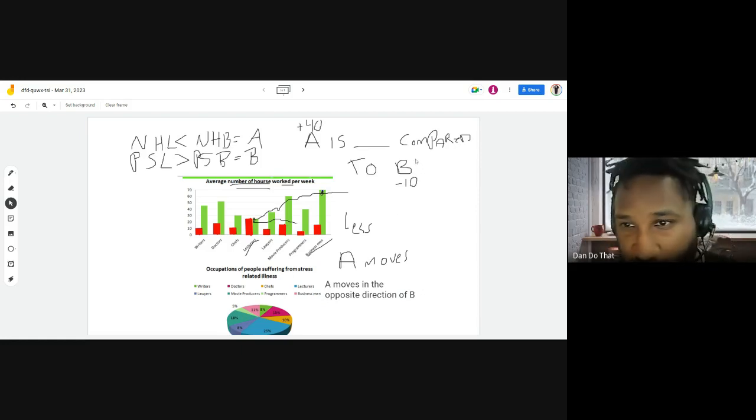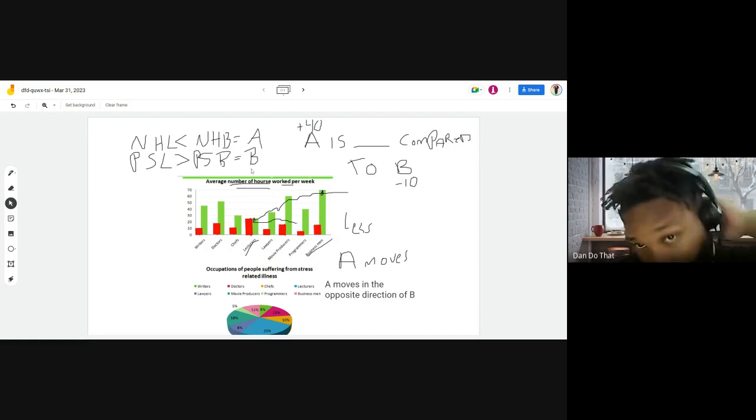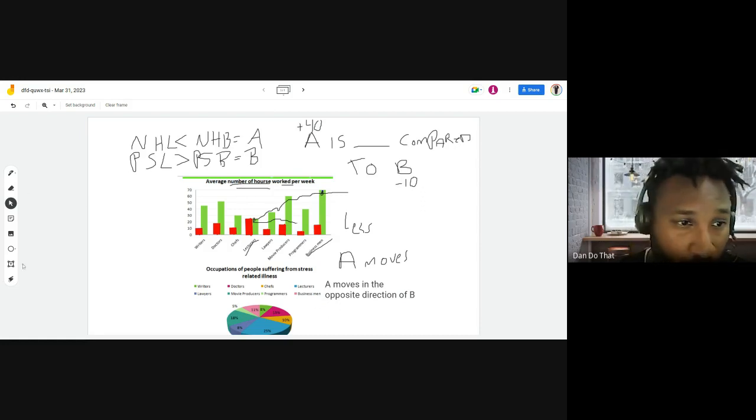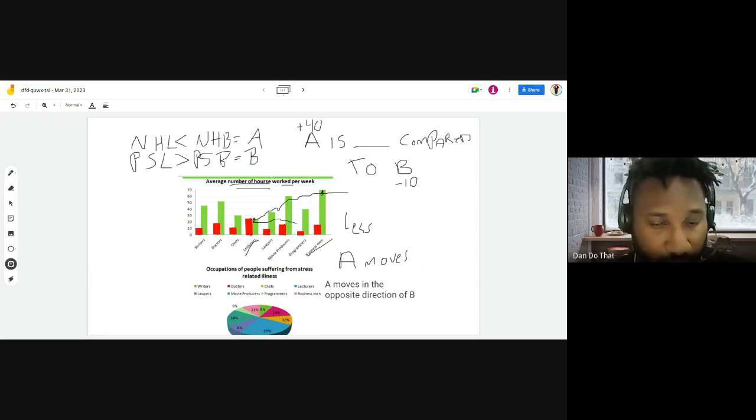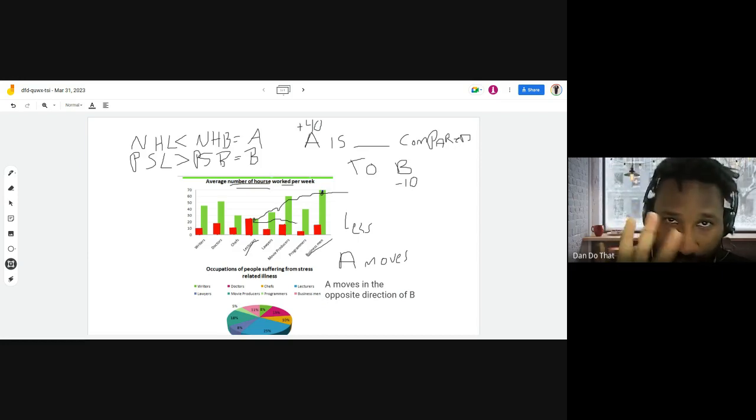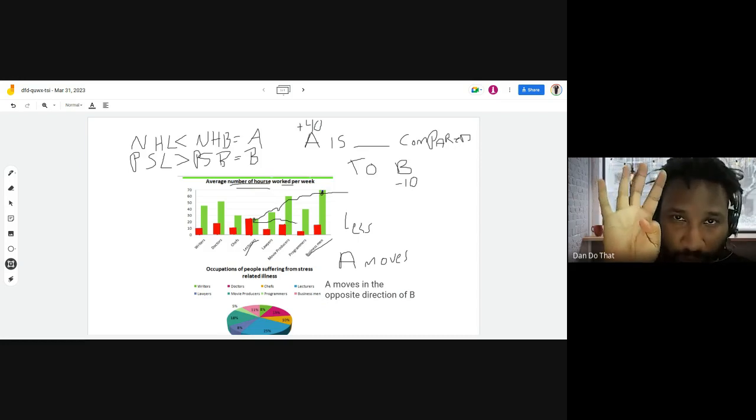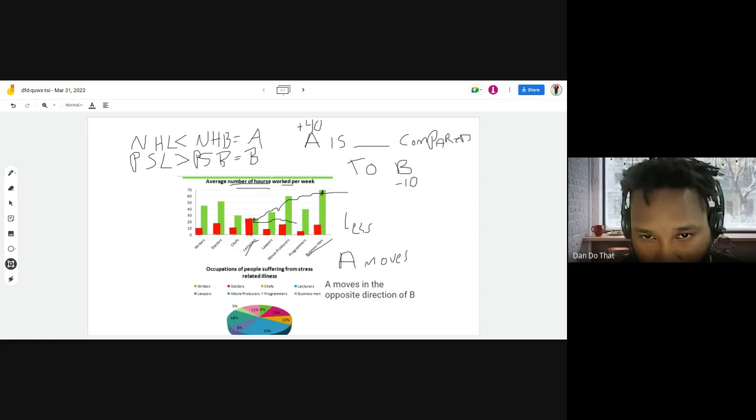I want you to compare these two numbers. So let's talk about these numbers. 40 is more than 10, right? Yes? 40 is 10 times 4, so it is 4 times bigger than 10. Yes.